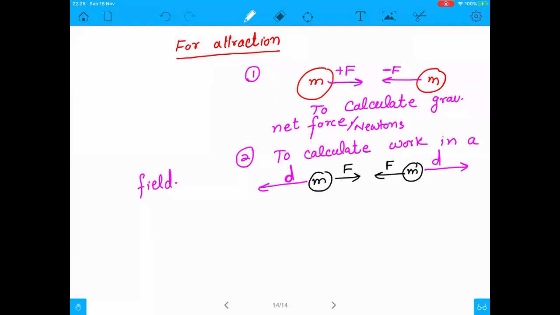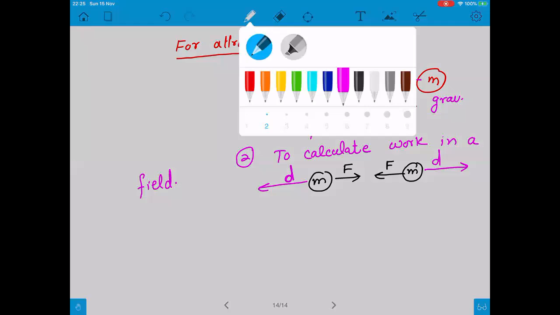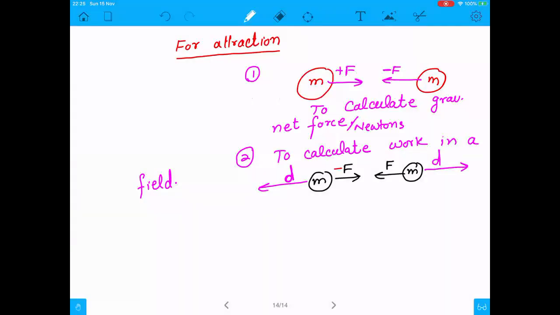So, displacement vector is always taken outwards while calculating electric work because work is the product of force and displacement. Now, when the displacement vector is outwards, both the forces, irrespective of their direction, will be negative. So, even if you have a positive charge and a negative charge, they will attract each other.